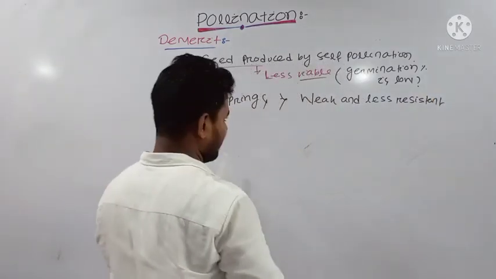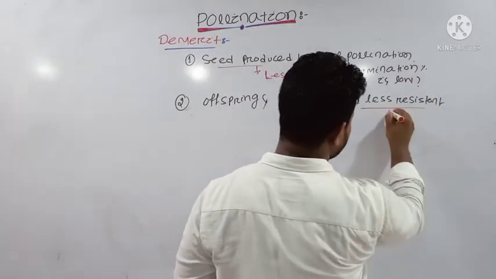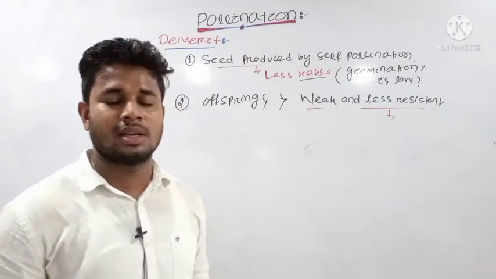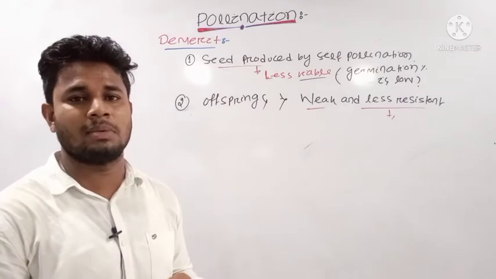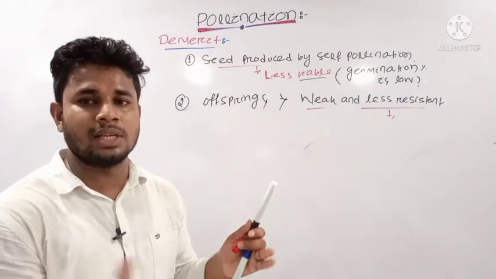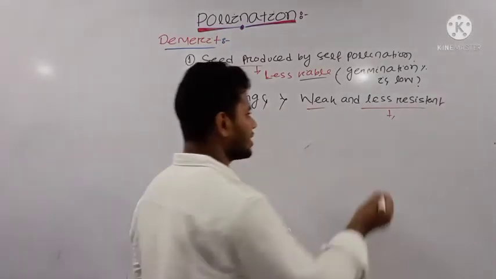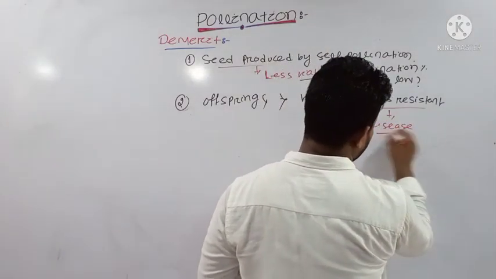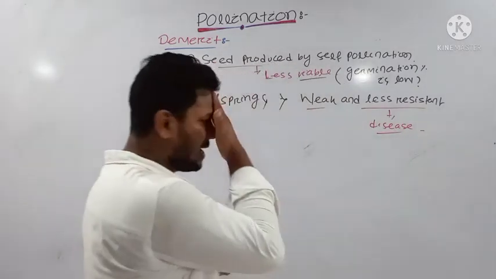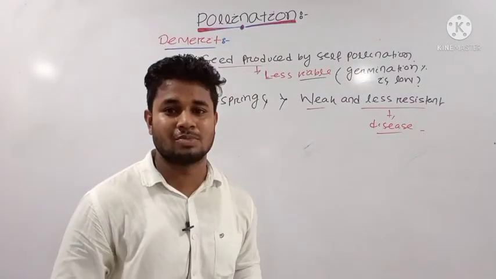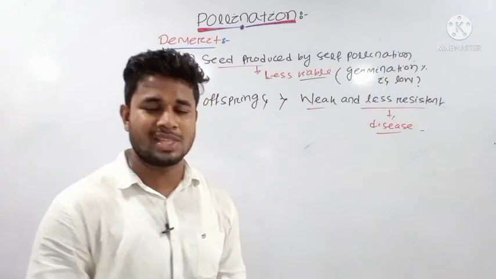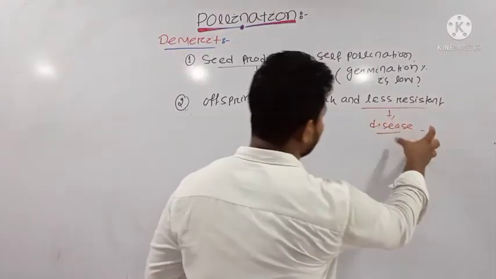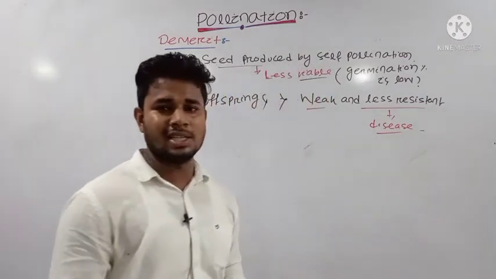Suppose they are resistant to some diseases or some physical conditions, such as high temperature, sunlight or other conditions; they are still less resistant overall. Why? Because they are produced by the self pollination process, not by the cross pollination process. That is the main reason they are weak in nature and less resistant to some diseases.